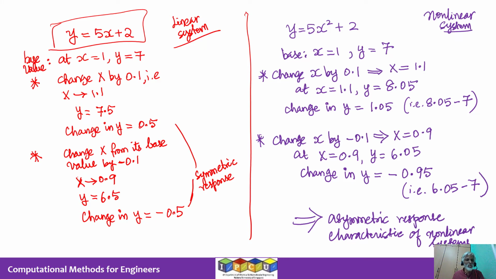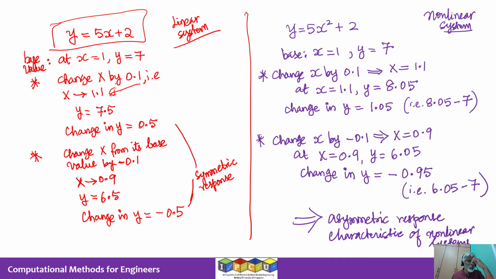Now let's assume that the base value of the input is 1. That means x = 1, in which case y will have a value of 7. So 5 times 1 plus 2 is 5 plus 2, which is 7. Now let's change x by plus 0.1. That means x becomes 1.1, right? From 1, I'm going to make a change of 0.1.